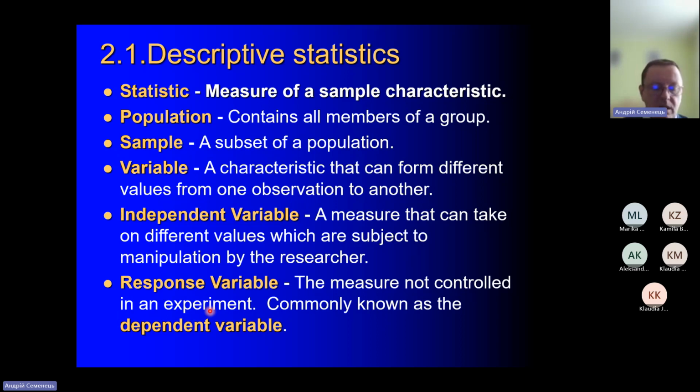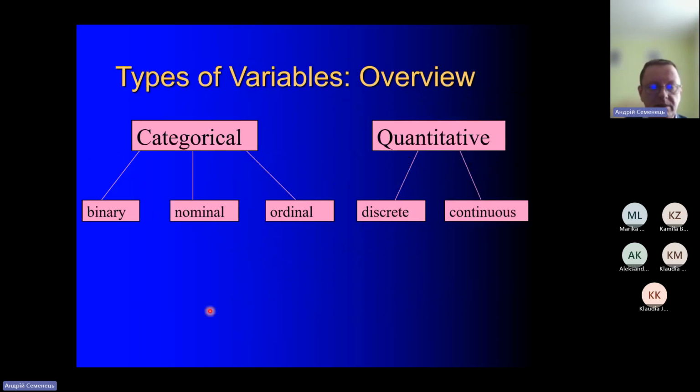So right now we just pass through, and in the educational task you will be given examples which are carefully prepared and every time point out their purpose, like whether it is an independent or dependent variable. In all cases, those variables could fall into one of two large groups, categorical or quantitative.